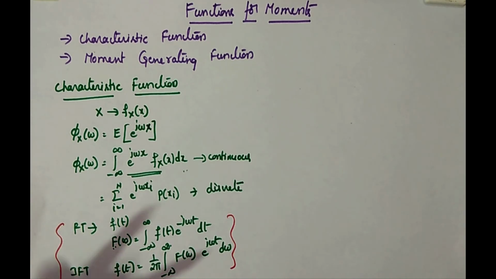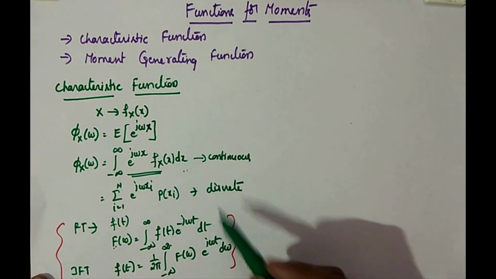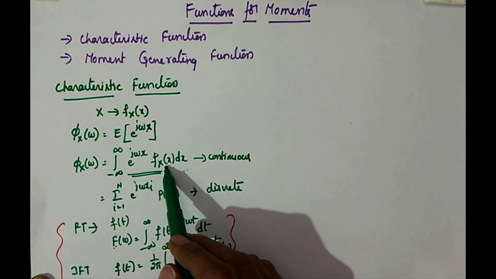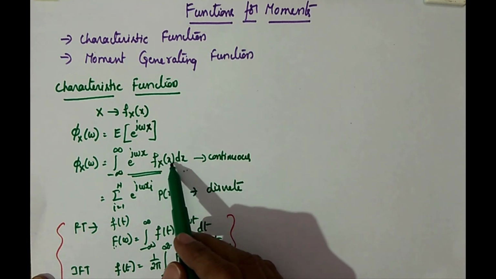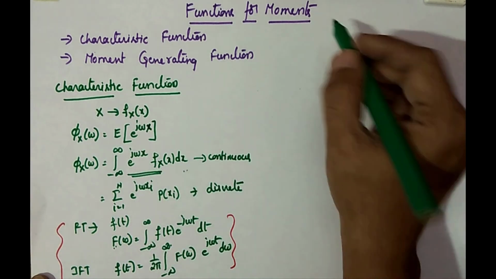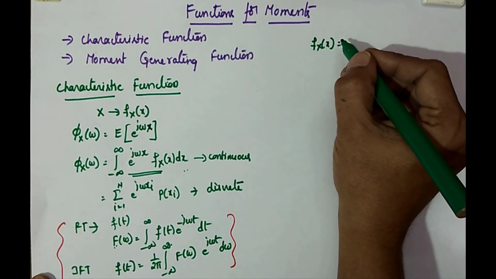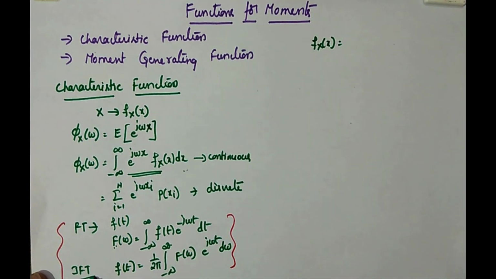Now with this formula, what can you write? This is the Fourier transform of the density function fX(x) with the sign of omega changed. Suppose you want to get the same density function fX(x) again, you have to apply the inverse Fourier transform.